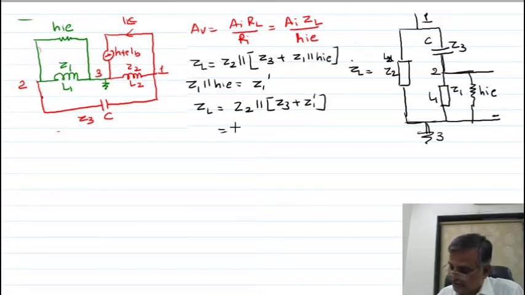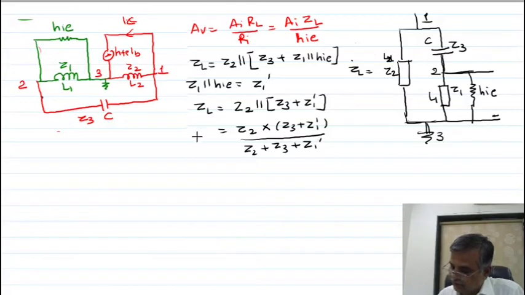So I can write Z2 into Z3 plus Z1 dash upon Z2 plus Z3 plus Z1 dash. This is your effective load ZL equation.